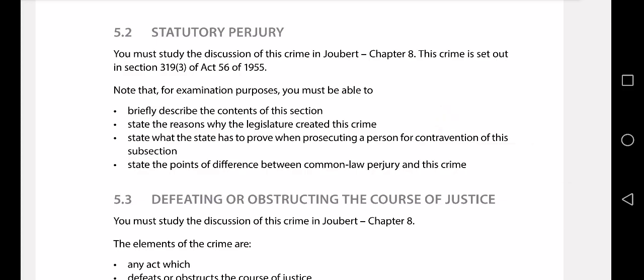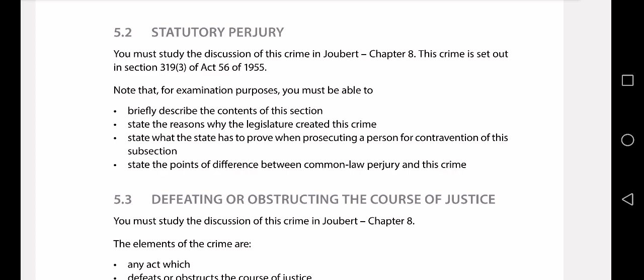Statutory perjury. You must study the discussion of this crime in Joubert, chapter 8. This crime is set out in section 319, subsection 3 of Act 56 of 1955.